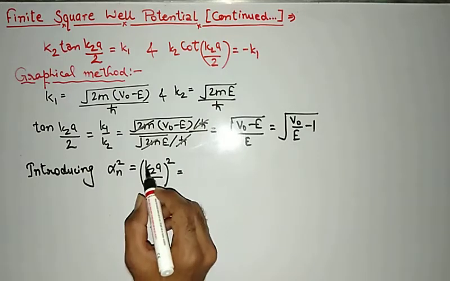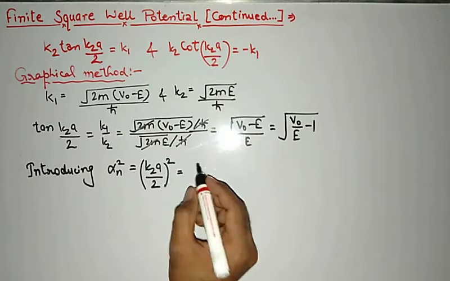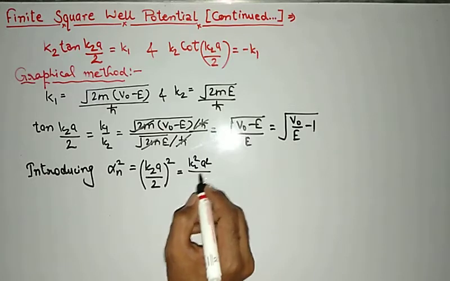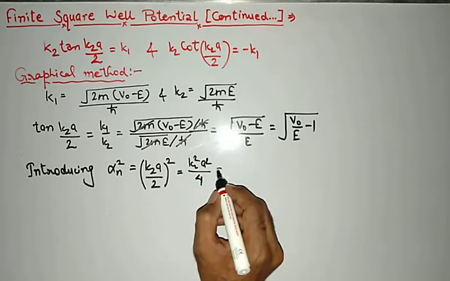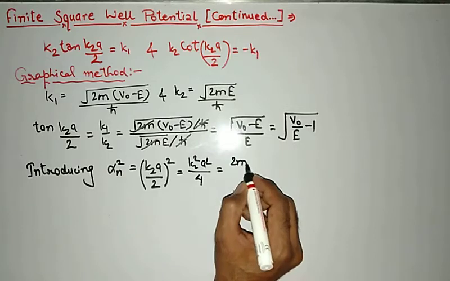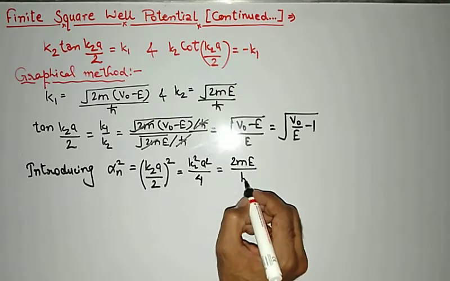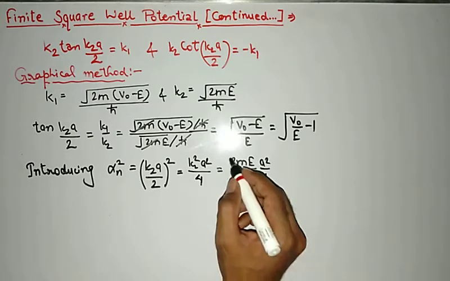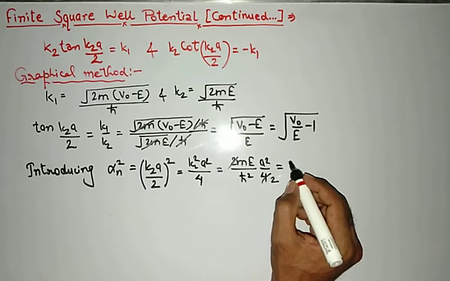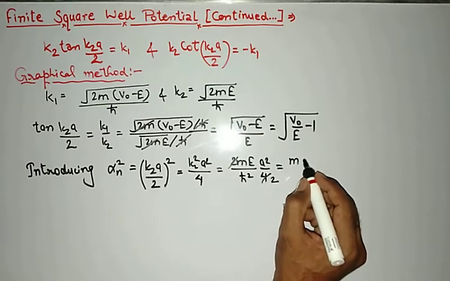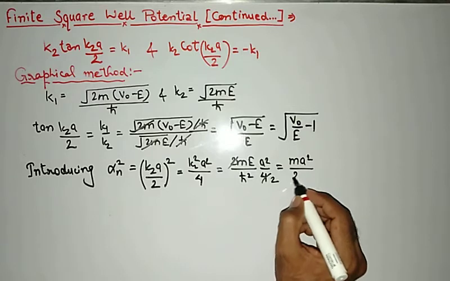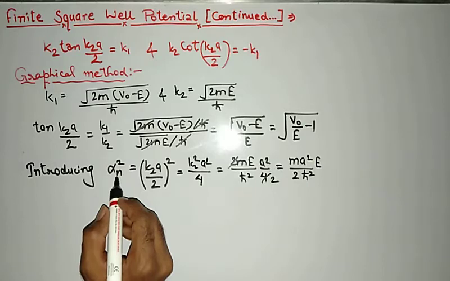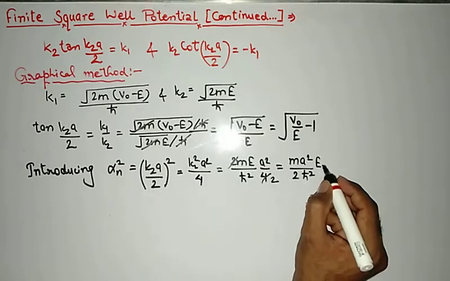So this is K2 square a square upon 4, which is 2mE upon h cut square, a square by 4, that is m a square upon 2 h cut square, E, writing here En.